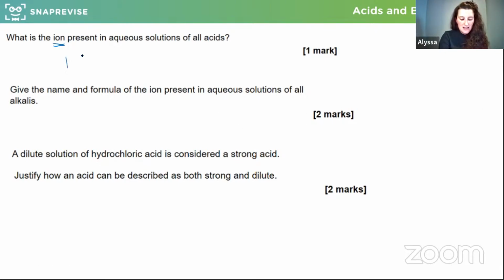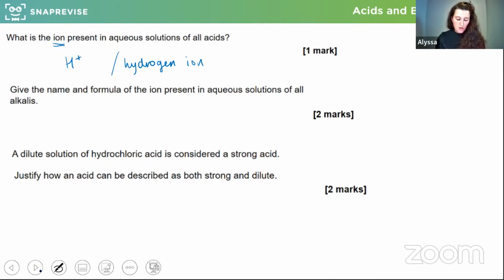It is H+, or you can say the hydrogen ion. That's absolutely fine. However, if you say proton, despite the fact that we do call it a proton, it wouldn't be accepted because they've asked for the ion. So they want the name of the ion, not our colloquial slang name for it, which is a proton. So well done to those of you that said H+. That will give us a mark.